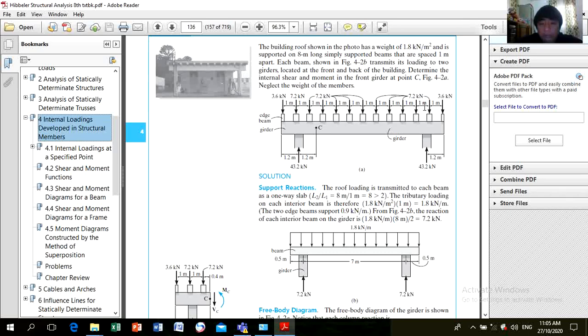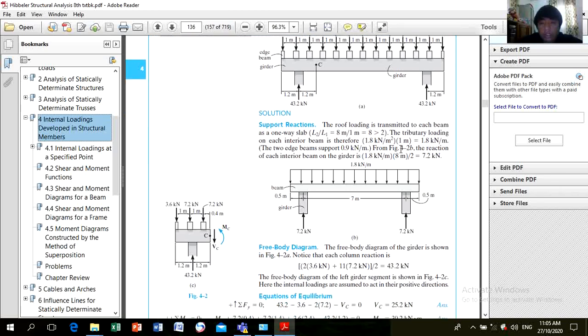Then this is the girder. It says here that there are two girders located at the front and back. So one here and another at the back. Okay? I hope you can imagine.